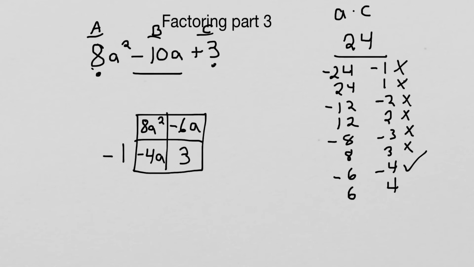Let's do my other horizontals. 8a squared and -6, that's going to be 2a. See, I can't get a 3a into both. I can't get a 4, so it's 2a. Now I'm going to do my verticals. Let me do the 8a squared and the -4a. The greatest thing that I can factor out of both of those is a 4a.